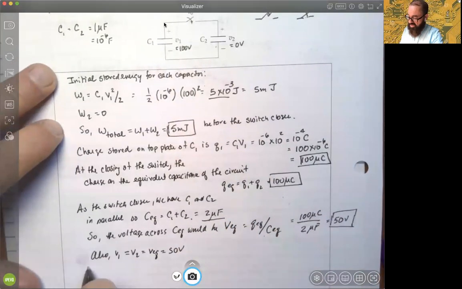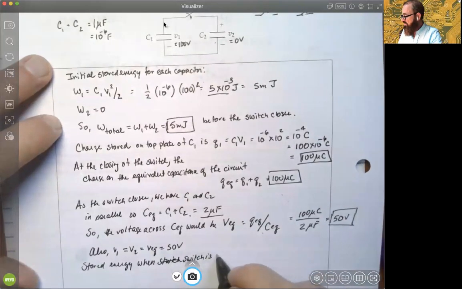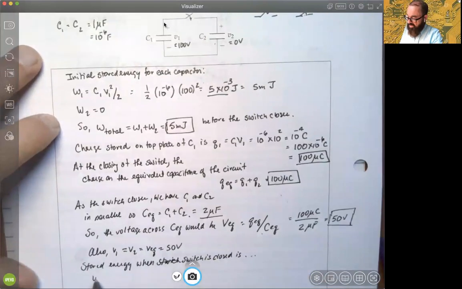So the stored energy then, when the switch is closed, is the following. Let's go back to our formula.